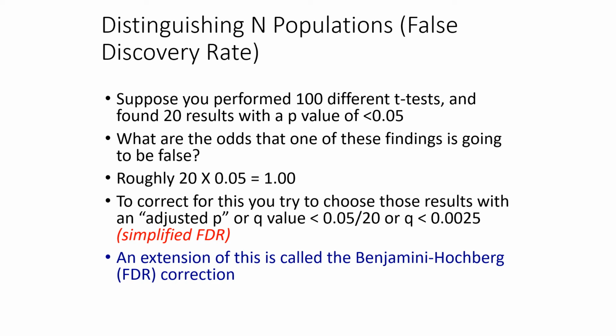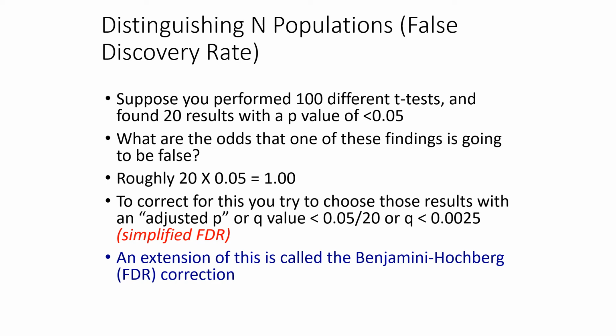They determined that probability would be pretty much close to 1. So to correct that, you adjust the p-value by dividing by approximately 20. Instead of 0.0005, you would have 0.0025. So this is a softer adjustment. It's not as strict as the Bonferroni.